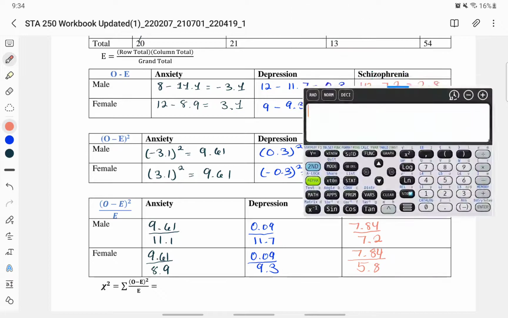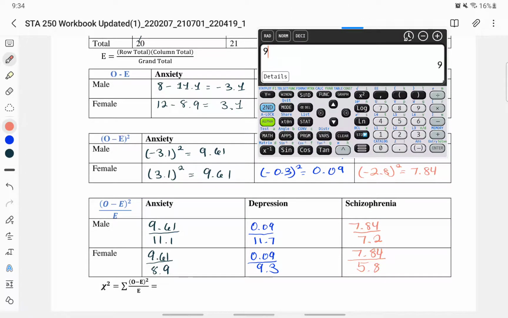Let's divide all these and get 3 numbers after the decimal. 9.61 divided by 11.1 is 0.866, because that 7 makes that 5 round up to a 6. 9.61 divided by 8.9 is 1.07, well, this 7 will make that 79 round up to an 80, so 1.080. 0.09 divided by 11.7 is approximately 0.008.